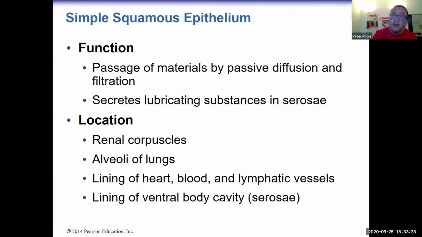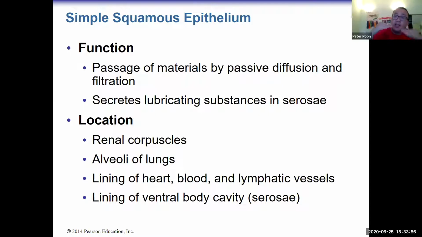All right, so first one, simple squamous epithelium. One single layer of very, very flat cells. It's like a really, really thin piece of paper. It's not going to protect you from anything.